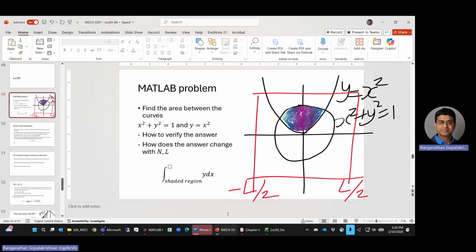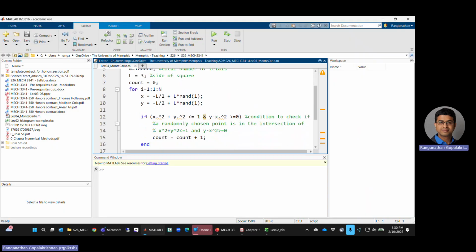What was the first term? First term is you check if it's within the circle: if x squared plus y squared is less than or equal to 1. That will check whether it's on or inside the circular region. And then you check whether y minus x squared is greater than or equal to 0.